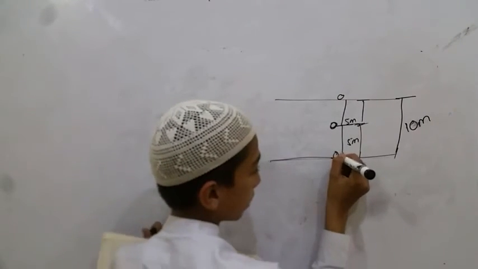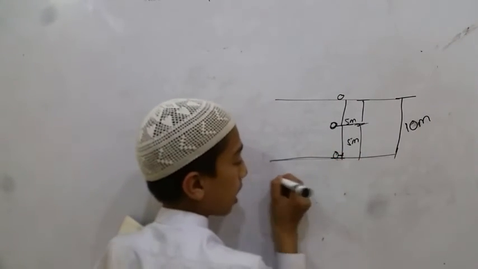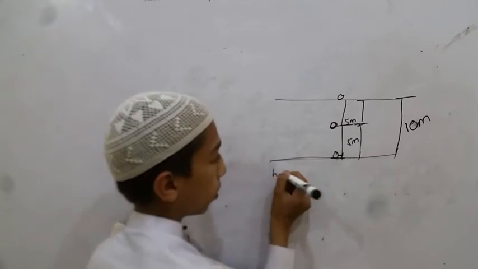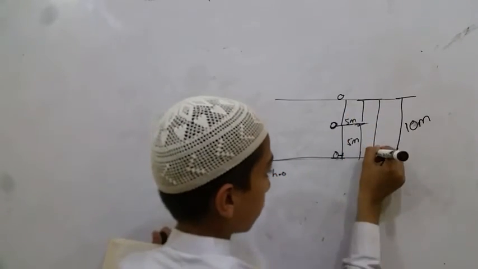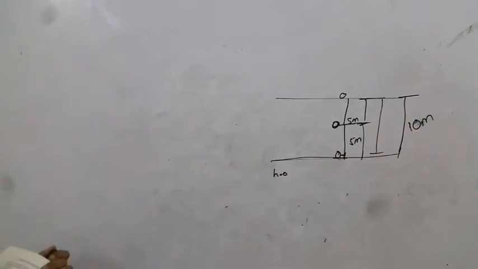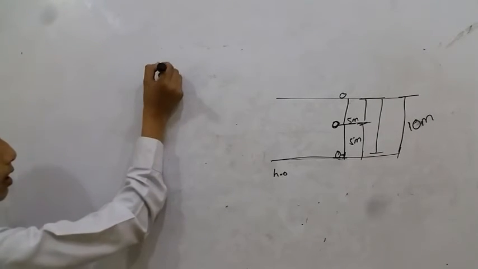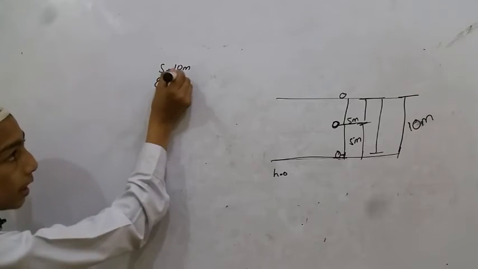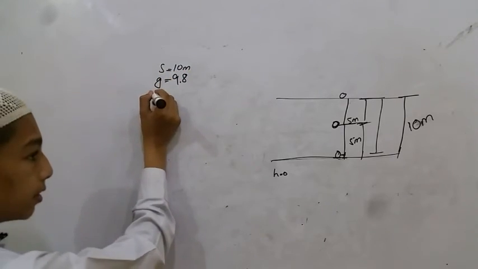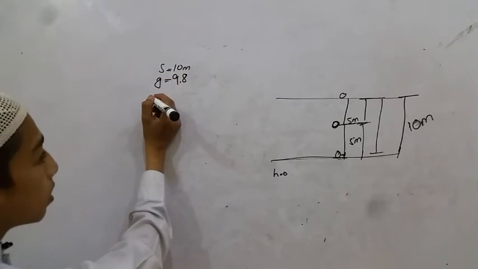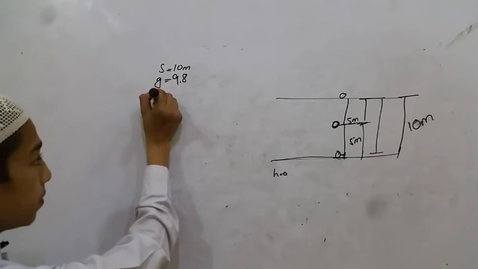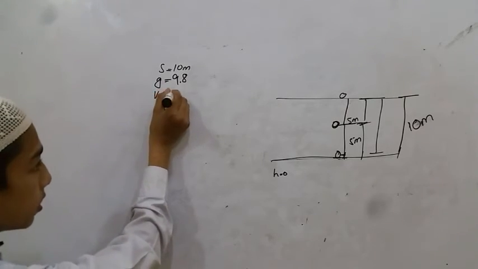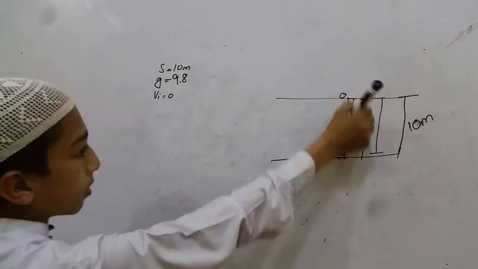Before it means the remaining distance is approximately equal to 0, so s will be 10 meter. So s is equal to 10 meter, g is 9.8, and Vi is 0 at this point.